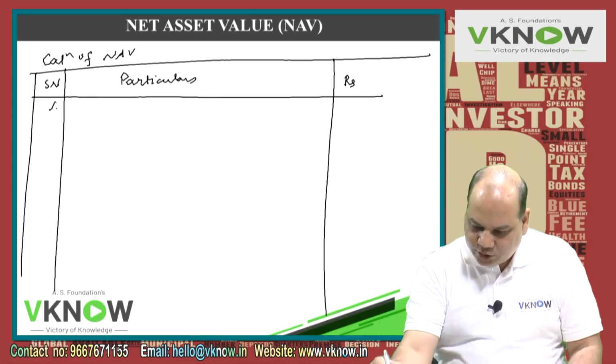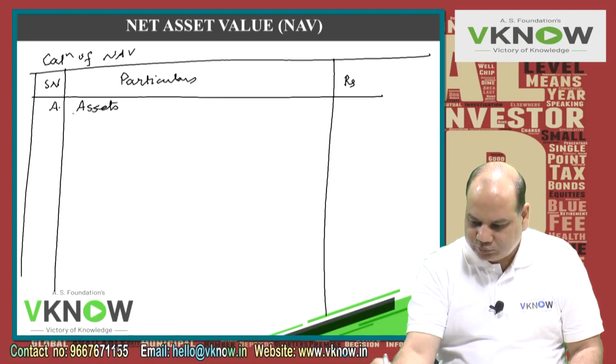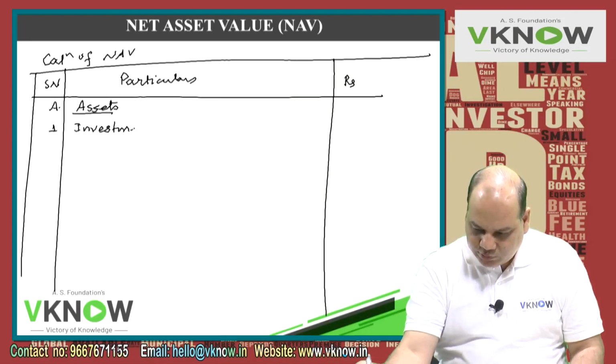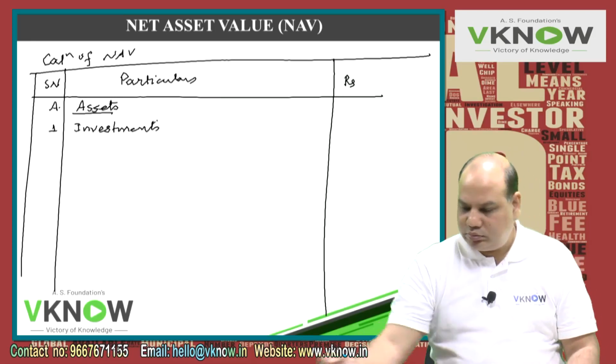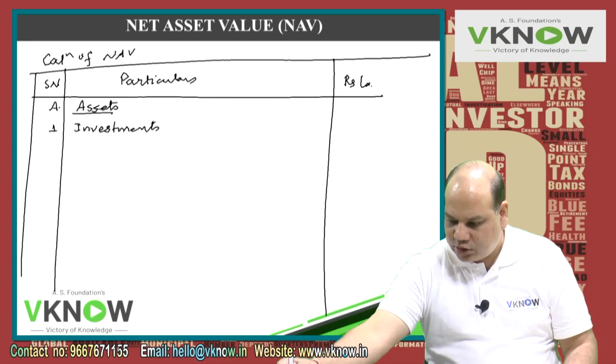First we'll write point A, assets. Under that one write down investments. Tell me the investment amount. Rupees in lakhs.